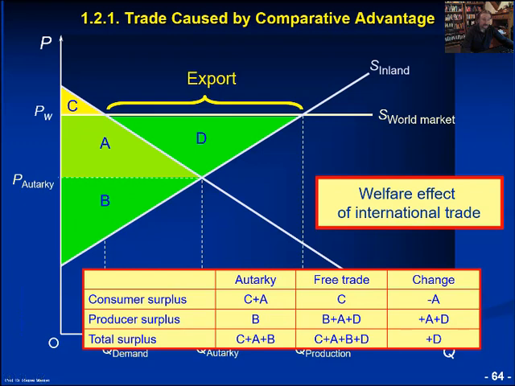If we calculate the change of consumer surplus in the last column, we observe that area A is redistributed from consumers to producers. Here it changes to producers. While area D is additional surplus made possible by the lucrative additional demand from the world market.